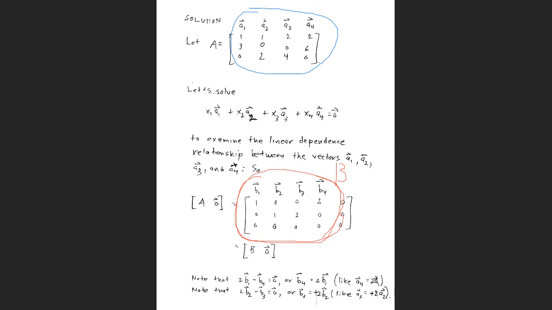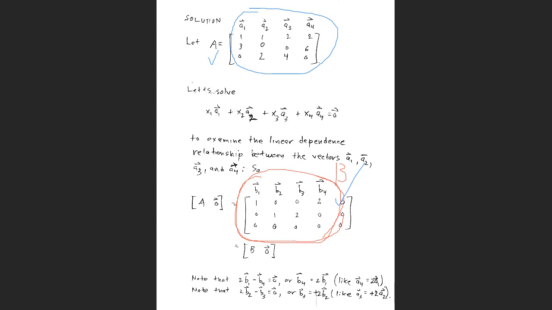Think about the column vectors of the matrix A. Think about the column vectors of the matrix B. Which is a little easier, if we want to determine the linear dependence relationships between column vectors, the matrix B or the matrix A?